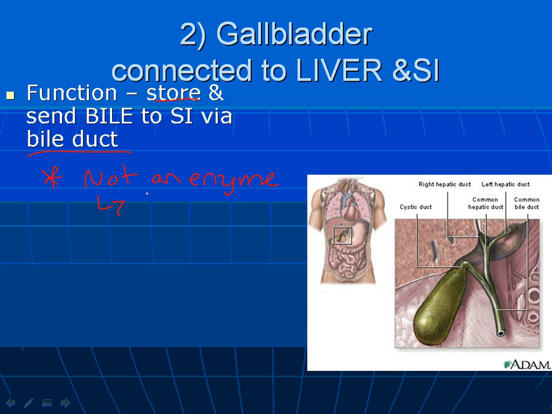What this does is help with the physical digestion. The whole point of this is to increase the surface area, and that process is called emulsification, which allows for increased enzyme activity.